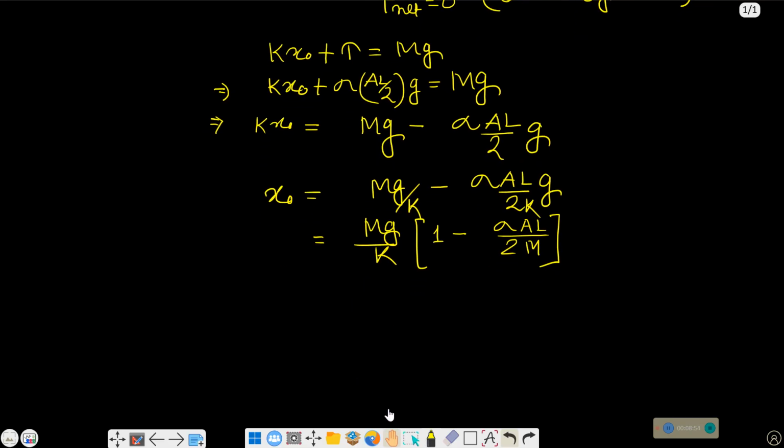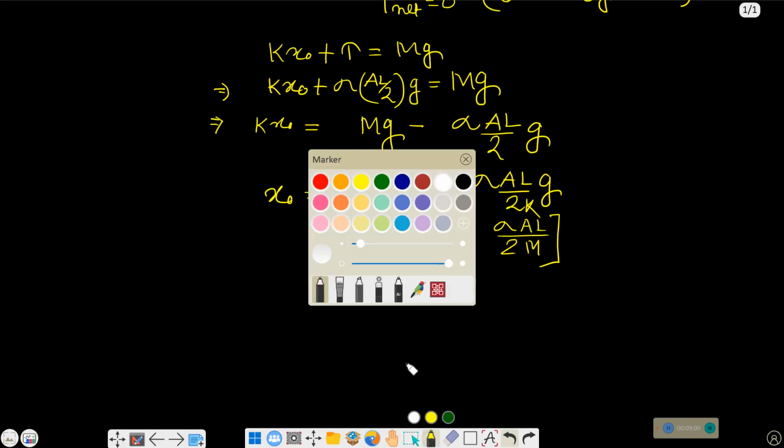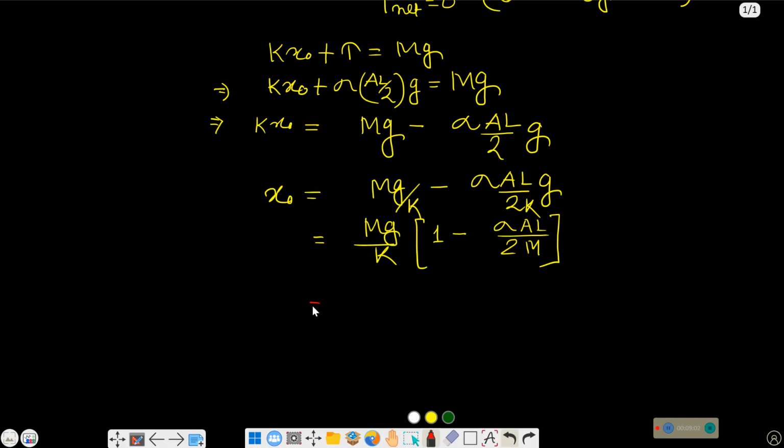So the extension in the spring at its equilibrium position is given by x naught equal to mg by k times 1 minus sigma A L by 2m.